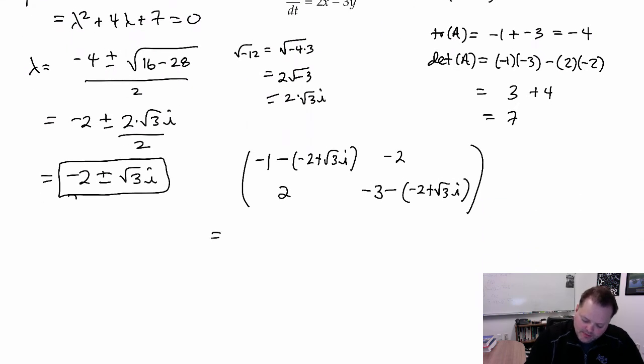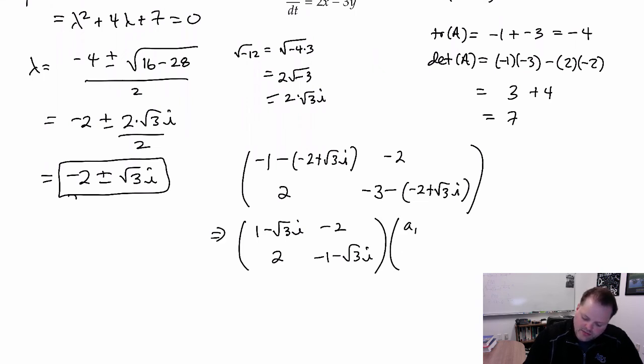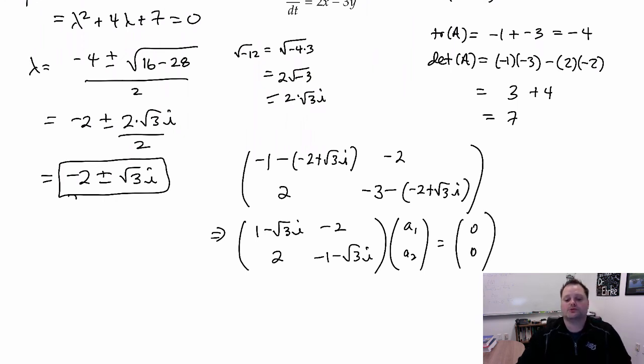And let's see, this simplifies to -1 plus 2 is 1 minus square root 3i, and then this is -3 plus 2 is -1 minus square root 3i. Okay, so I need to solve that equal to 0 for some non-trivial solutions.